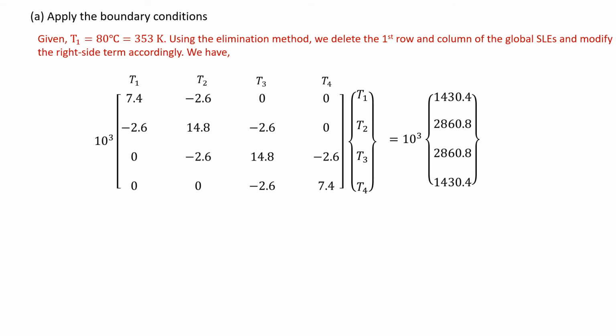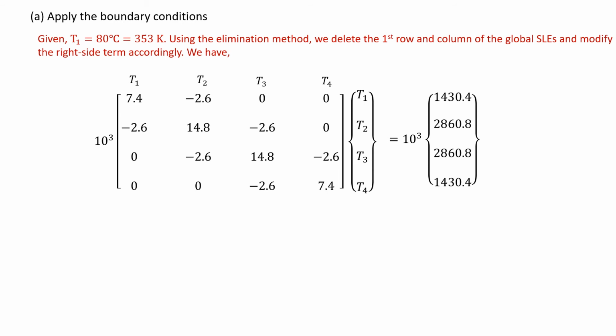As mentioned previously, in thin fin problems, the temperature at node 1 in general is assumed to be the same as the temperature at the fin base. So, in this problem, T1 is already specified.